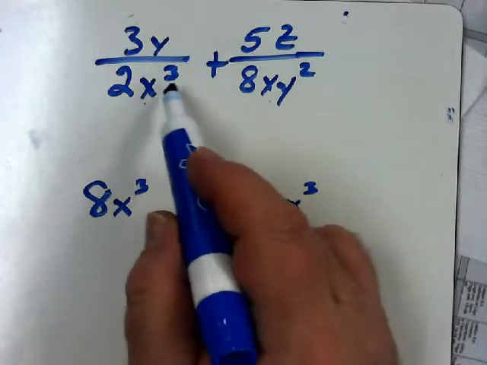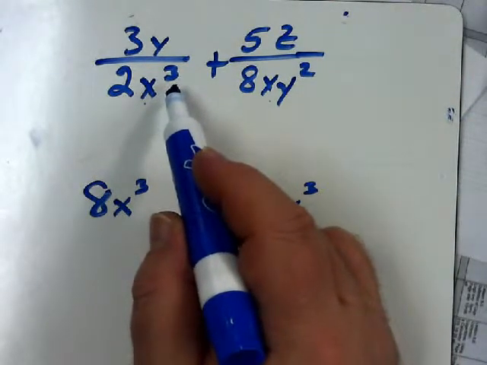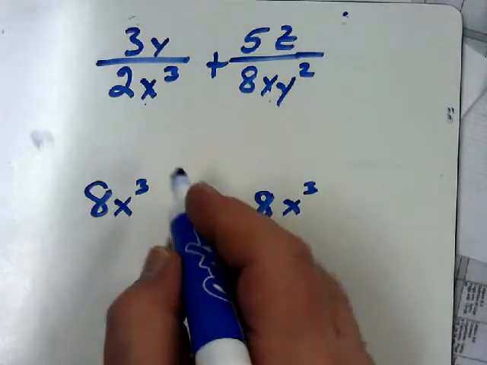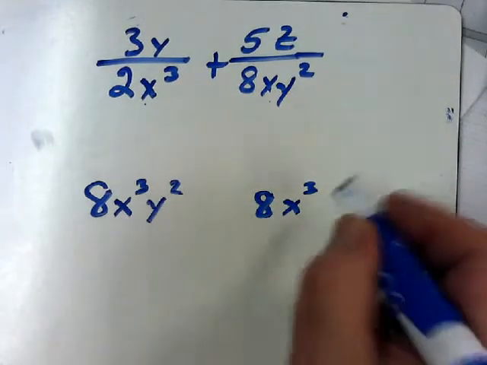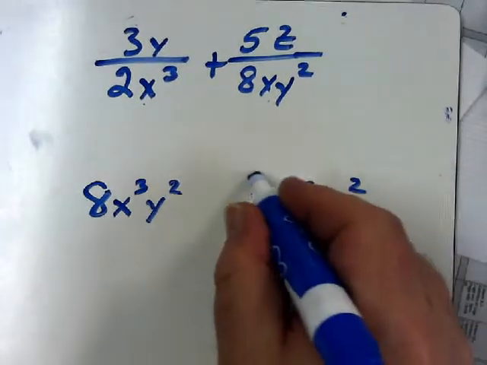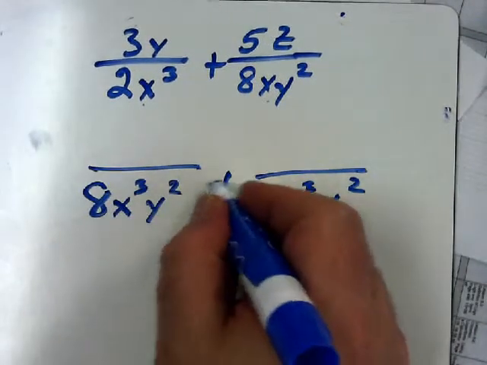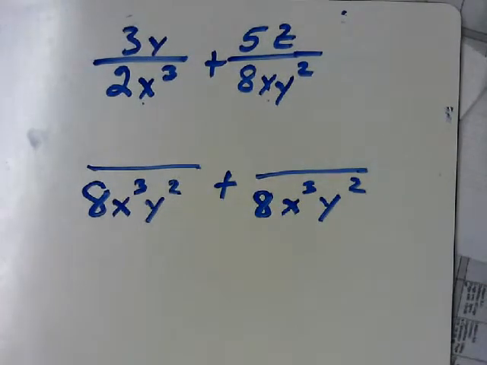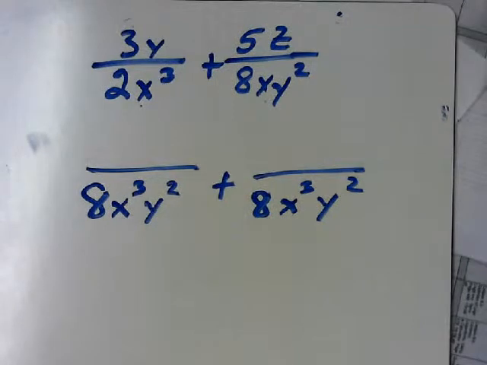No y here, so I look for the highest y exponent: y to the second. So it's actually very easy to find the common denominator of variables. Look for the largest exponent. Kind of simple, huh?